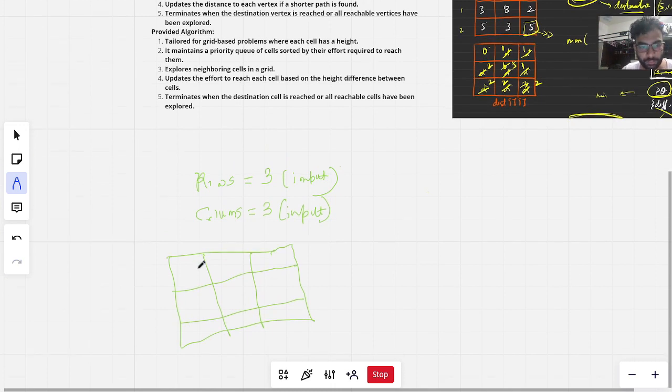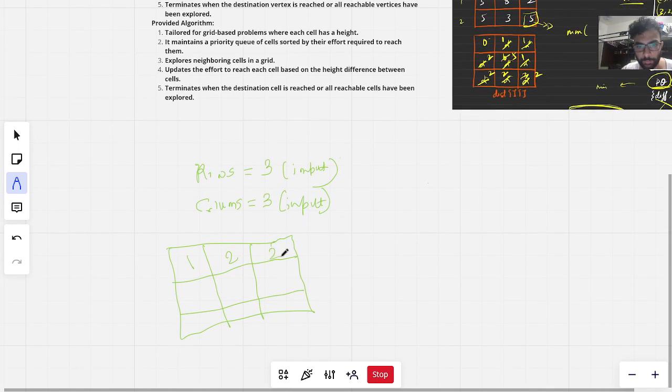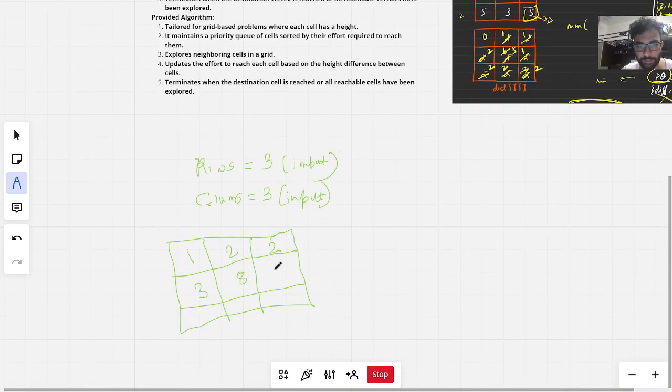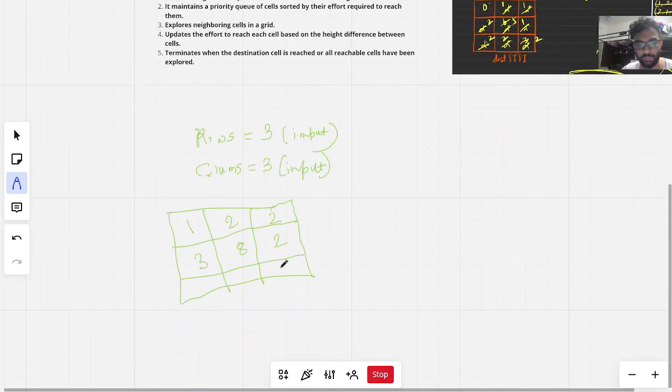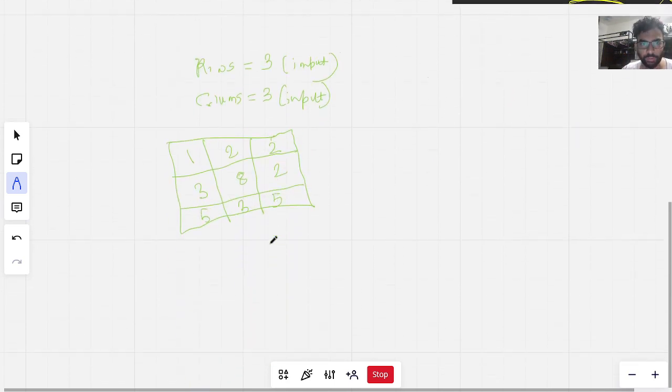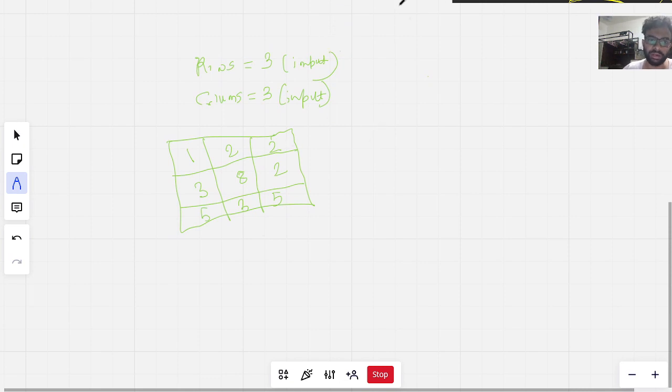The values are 1, 2, 2, then 3, 8, 2, and then 5, 3, 5. So this is the given matrix.